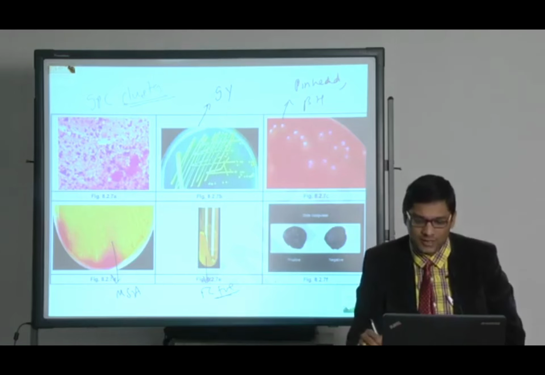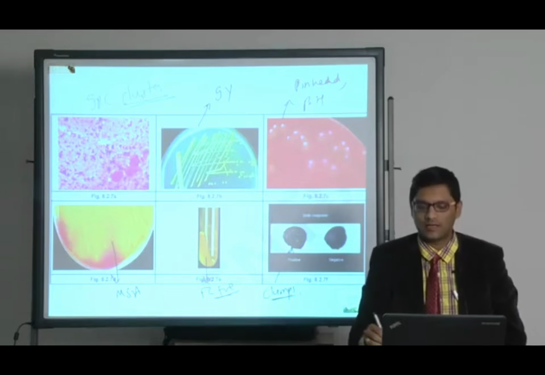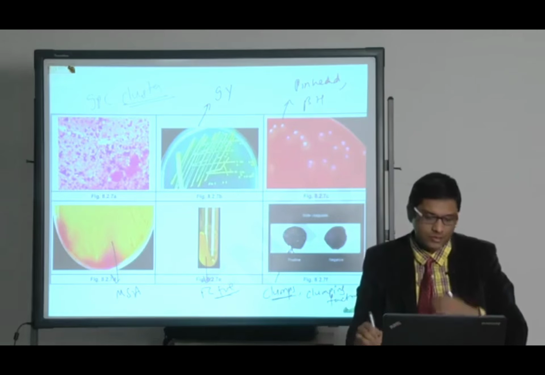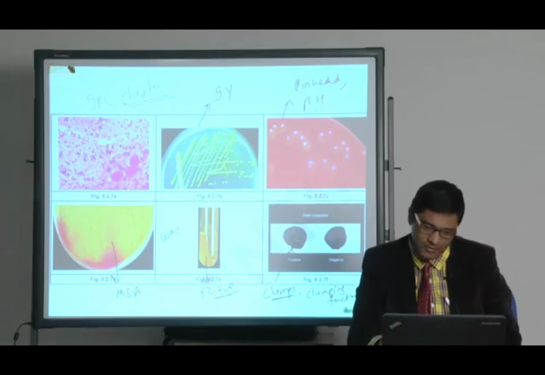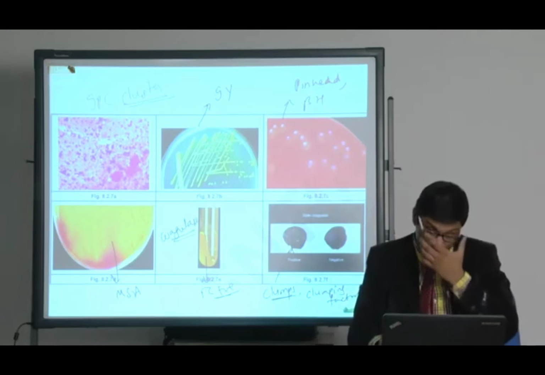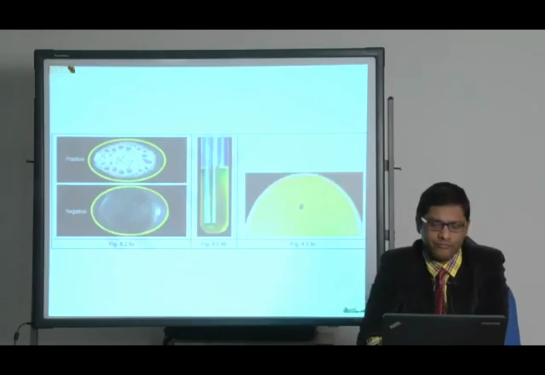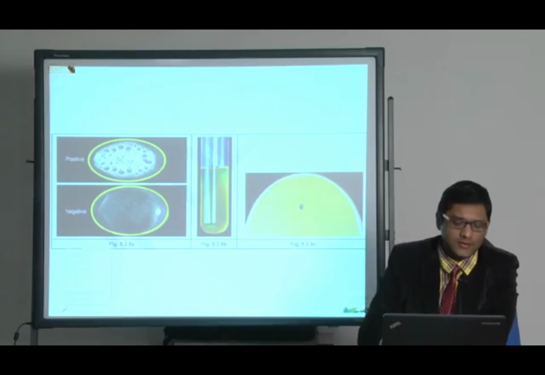So, in the slide coagulase test, if it is positive, then clumps will be produced. Slide coagulase is due to clumping factor, whereas tube coagulase is due to coagulase enzyme. In this figure, catalase is positive, tube coagulase is negative.